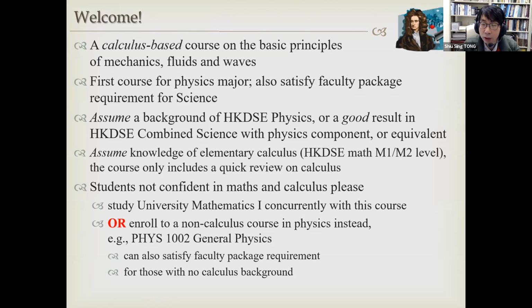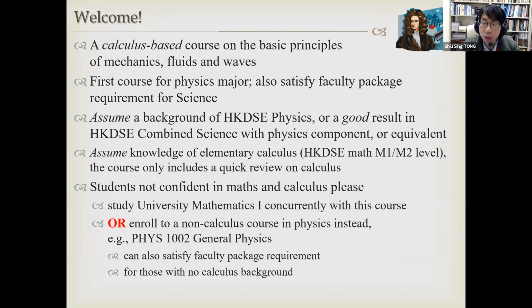So I will not have enough time to teach secondary high school physics to you. So I assume you have a good background in Hong Kong DSE physics. And if you don't have Hong Kong DSE physics as a full course, I require you at least to have the Hong Kong DSE physics as a combined science with a physics component, or equivalent to that qualification.